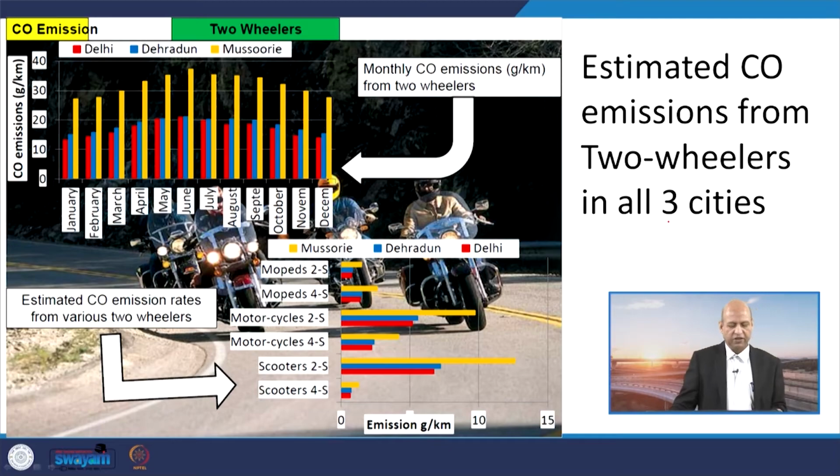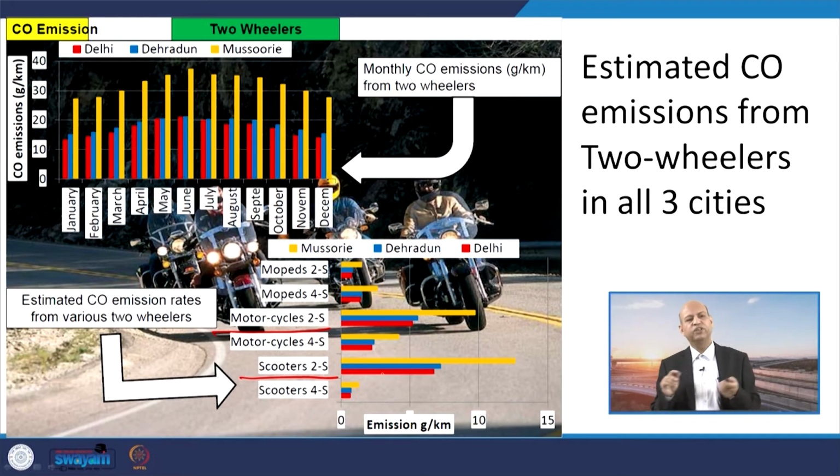If you see the CO emissions, we estimated them using the VAPI model. In Mussoorie, CO emissions in different months are dominating in comparison to the other two cities. Monthly CO emissions have been estimated and are shown in gram per kilometer. If you see this vehicle category wise, motorcycles 2 stroke and scooters 2 stroke are emitting a lot of CO, and more in Mussoorie, followed by Dehradun and Delhi.